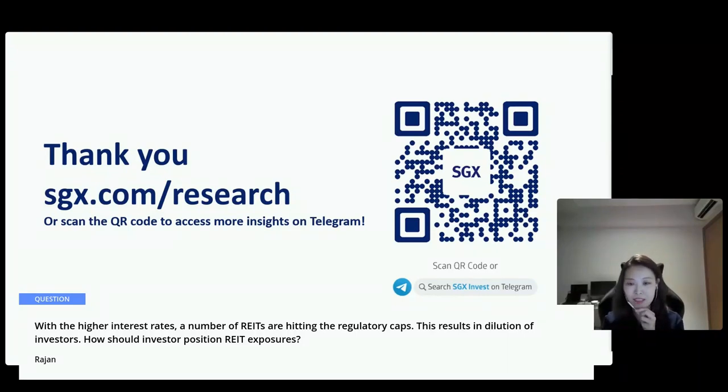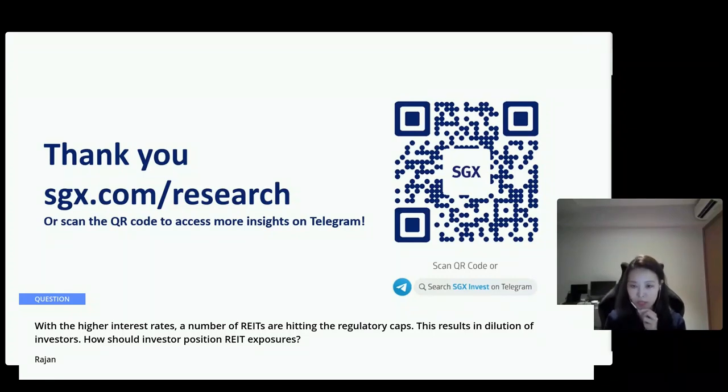Because of the devaluation of its assets in the US, which are mainly office assets, the leverage ratio went above the limit. This is a case that we have been seeing in many of the REITs in the US because of the office assets. The work from home culture is still pretty prevalent in the US market compared to the Singapore market.